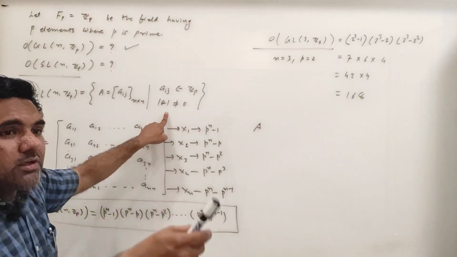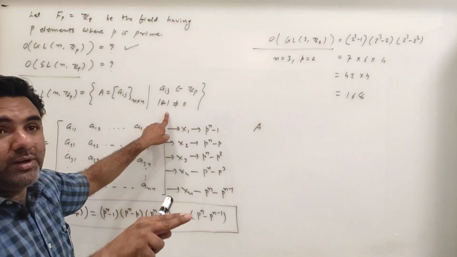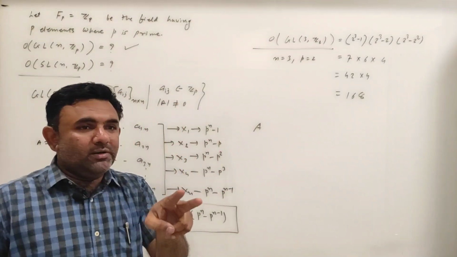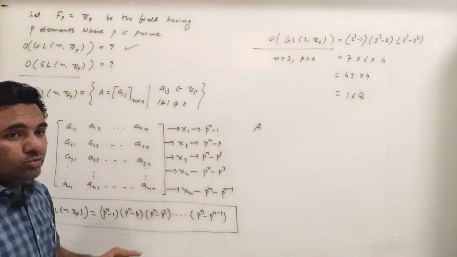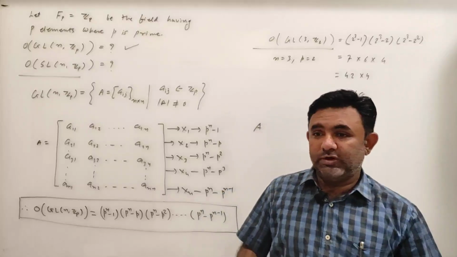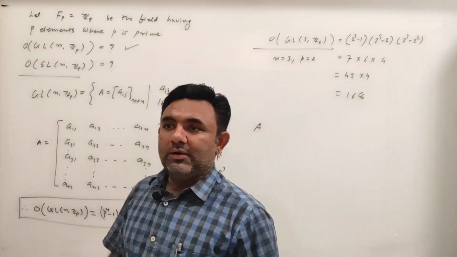And 2 is prime, so a field having only 2 elements must be isomorphic to Z2 only, right?